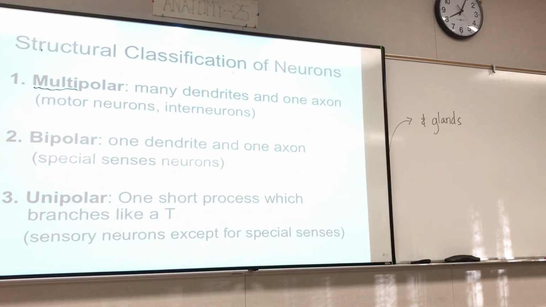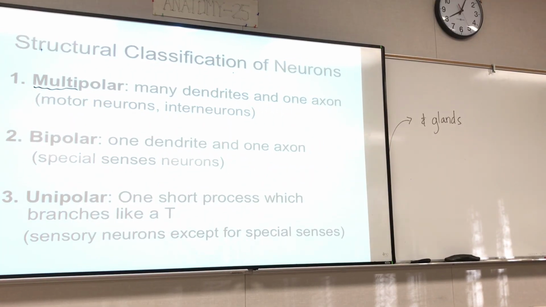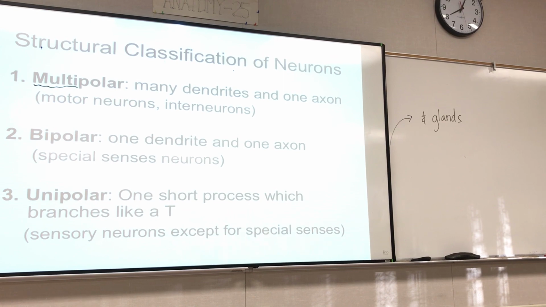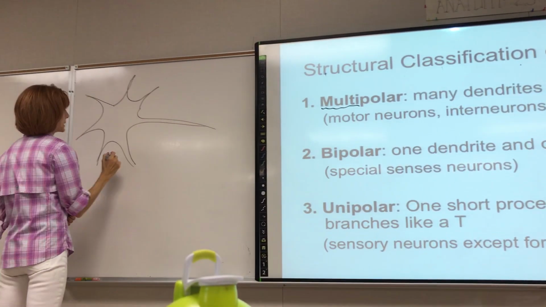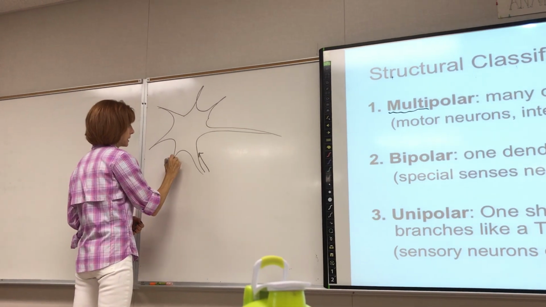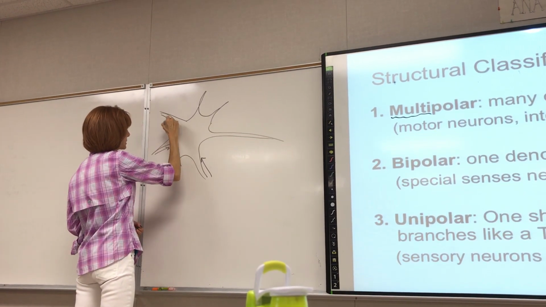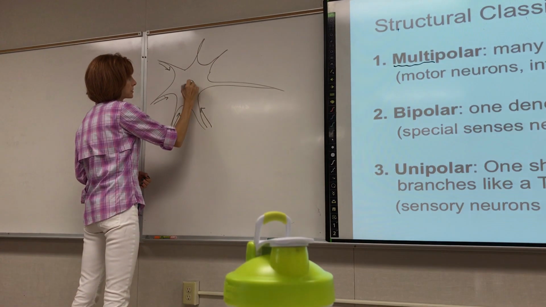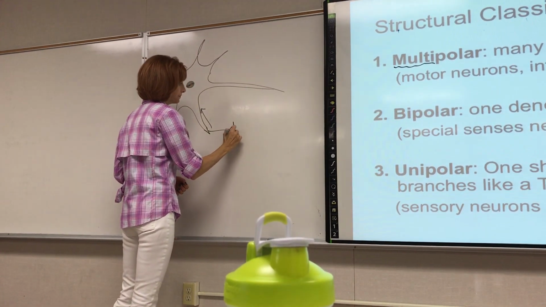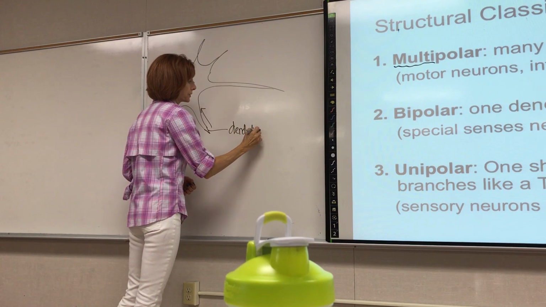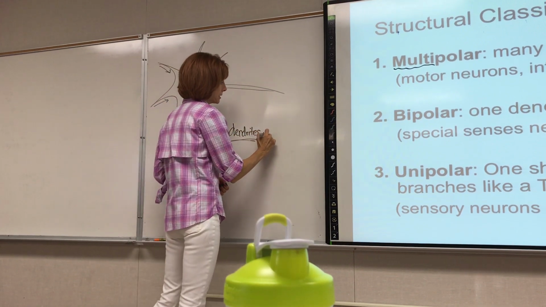So we drew these before. We know that all these things connected to the cell body that receive the incoming signals, right? Those are called dendrites. Okay, so multipolar neurons have many dendrites.